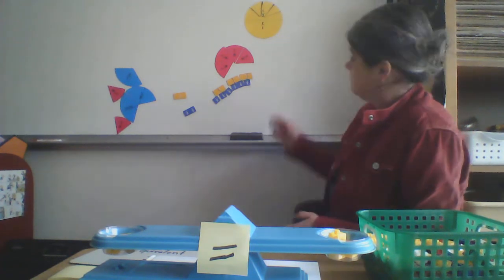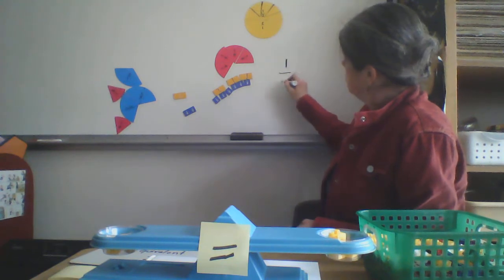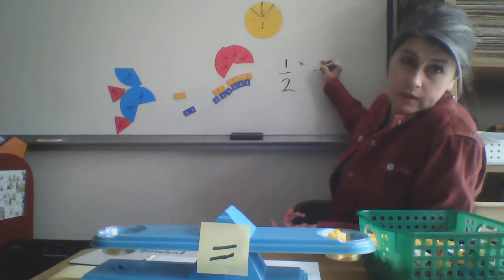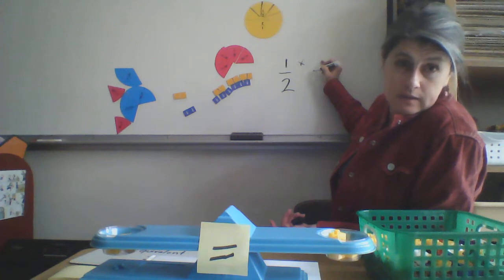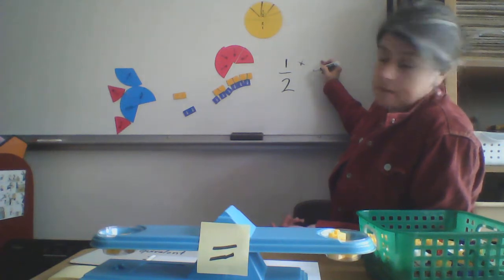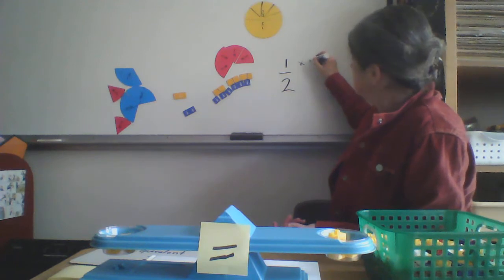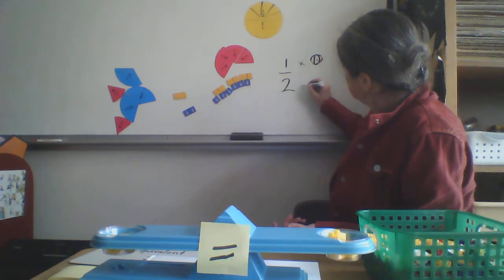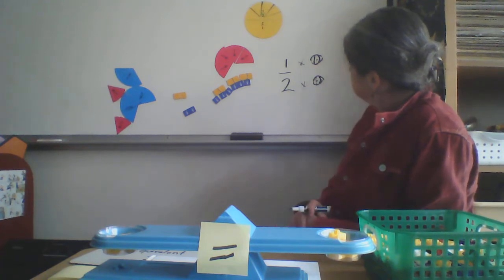I could say 1/2, and if I multiply this times, well, let's use a symbol because we know algebra can either be a letter or a symbol. We just know that it's going to represent a number. We don't know yet. I'll use an eyeball. If I do the same thing to the top that I do to the bottom, I know that I will have an equivalent fraction.